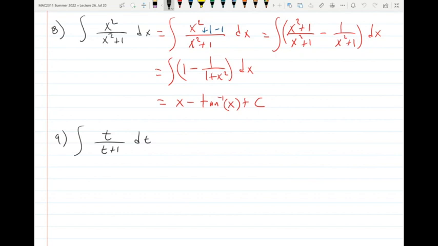So let's play this game. If you have a 1 here, what do you think will be the answer? Think about a function whose derivative is 1 over t plus 1. What function is this? Problem solving: you need a function whose derivative is 1 over something.